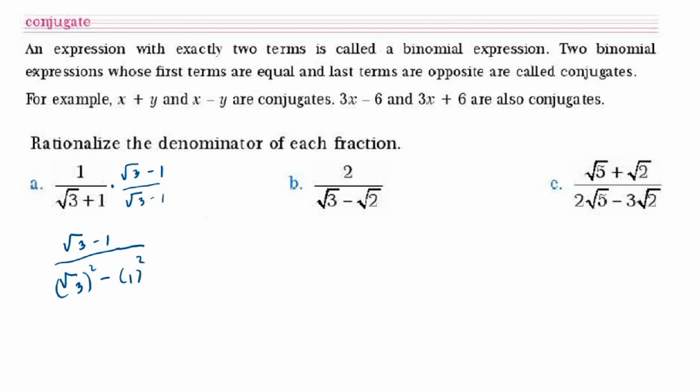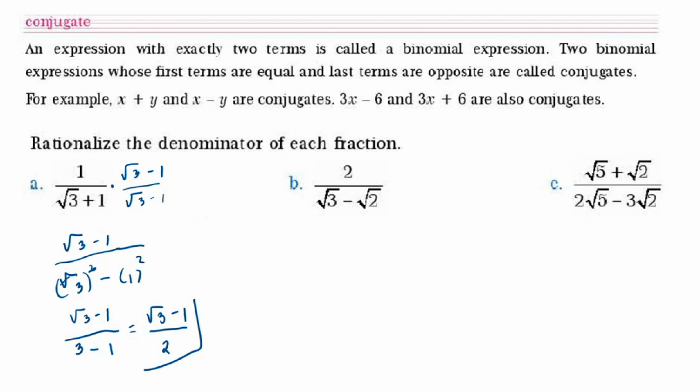We apply our previous knowledge of special products. Now, we have square root of 3 minus 1 over the square of the square root of 3 minus 1 squared, which is 1. Simplifying further, the denominator becomes 3 minus 1, which is 2, and we copy the numerator. We have square root of 3 minus 1 all over 2. And this is now the answer.